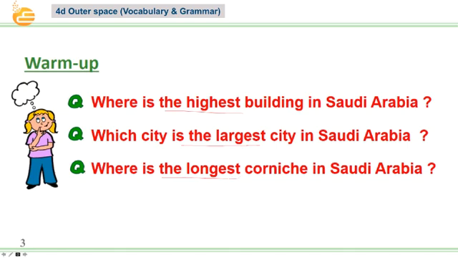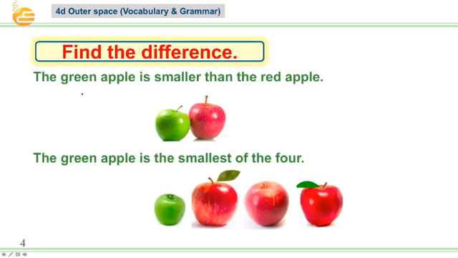Let's start our grammar, everybody. Okay, find the difference. The green apple is smaller than the red apple. And here, the green apple is the smallest of the 4. 1, 2, 3, 4.